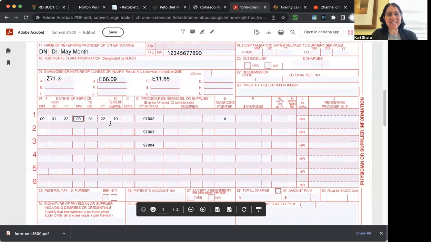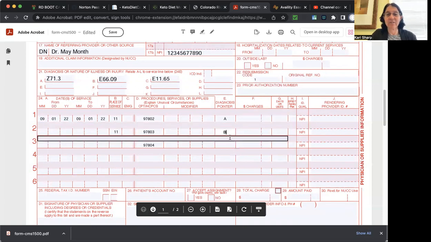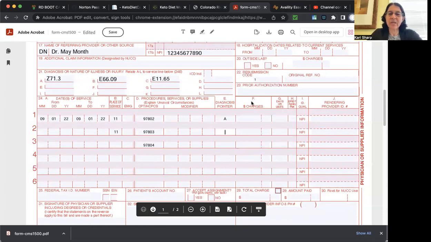So they put the date, it's the same date, same service code, let's say it's in the office. And then this one would be whatever the doctor's codes are, they have different ones than us. And then the diagnosis pointer might be B, maybe it was a different diagnosis. So these lines are used more in medical practices, but for dietitians, we tend to just use the first line for the most part.